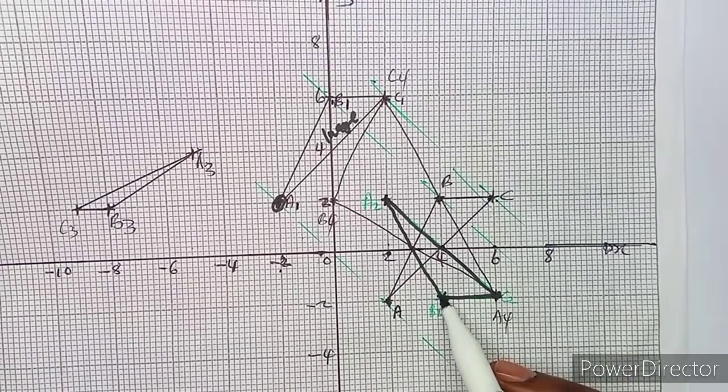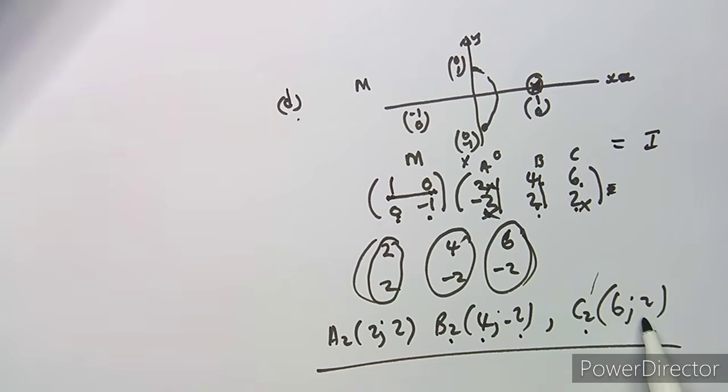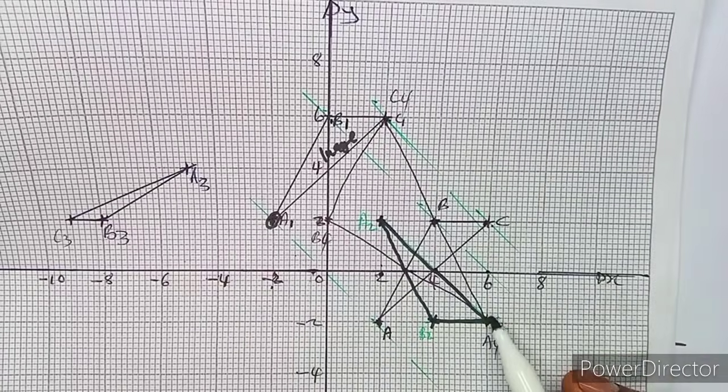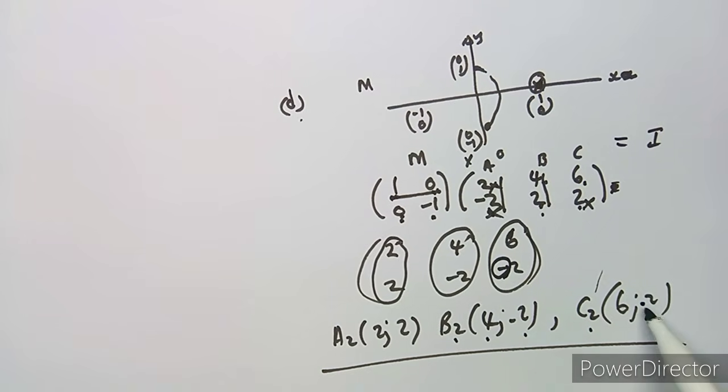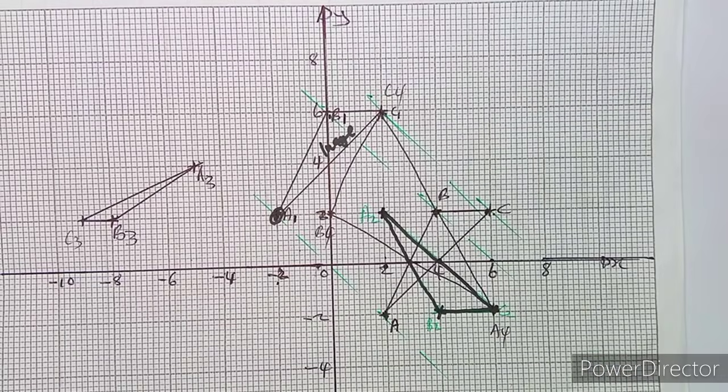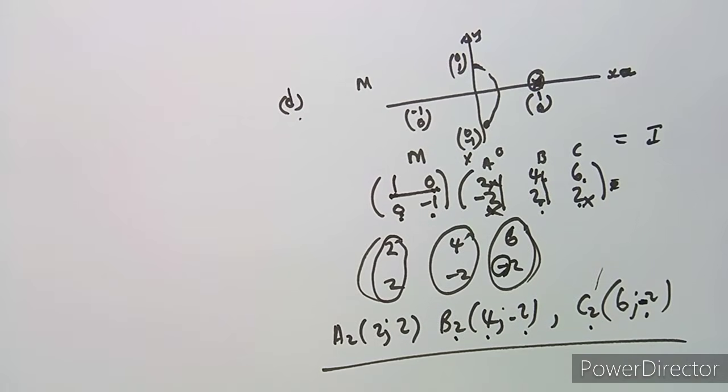B2, 4, minus 2, we have got the same point. C2, 6 and minus 2, same point. So we have got the same diagram that we had before. You can use matrices. That's what I'm saying you could have done.